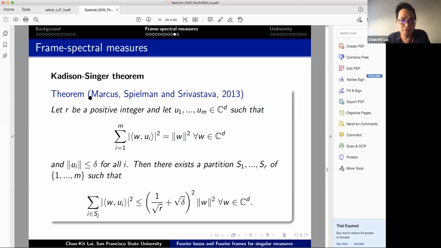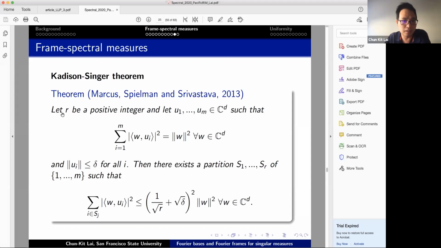Before these three people gave a proof, people generally believed Kadison-Singer was false, but to the surprise of many, it turns out to be true, and they made the proof. Let's study the version they proved in terms of frame theory.